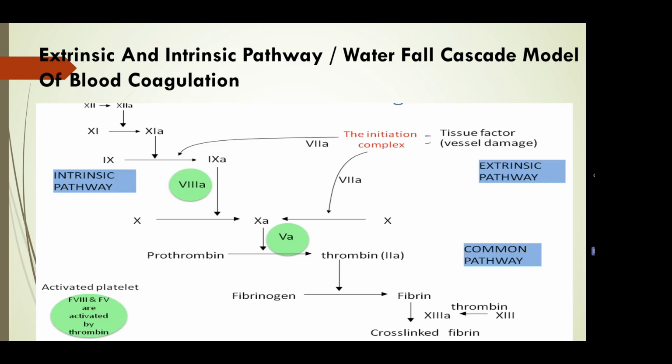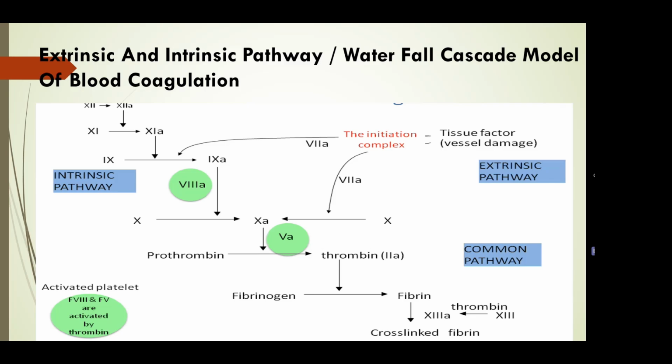The extrinsic and intrinsic coagulation pathways were seen as independent, but later it was observed that it was not so, as we'll see when we describe the cell-based model, so that the two pathways are not distinct from each other. As we can see, the tissue factor here activates factor 9, that is an intrinsic pathway.